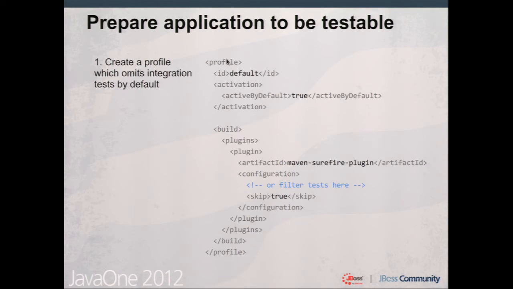Which is really funny because it's about testing, and now I'm saying that by default I don't want to test anything. It's because you are creating an integration test. Sometimes it might happen that you want to build your application in an environment which, for instance, doesn't have access to browsers, you don't have access to an Android emulator and so on. So it's quite a good convenience to have a profile like that and to use it.